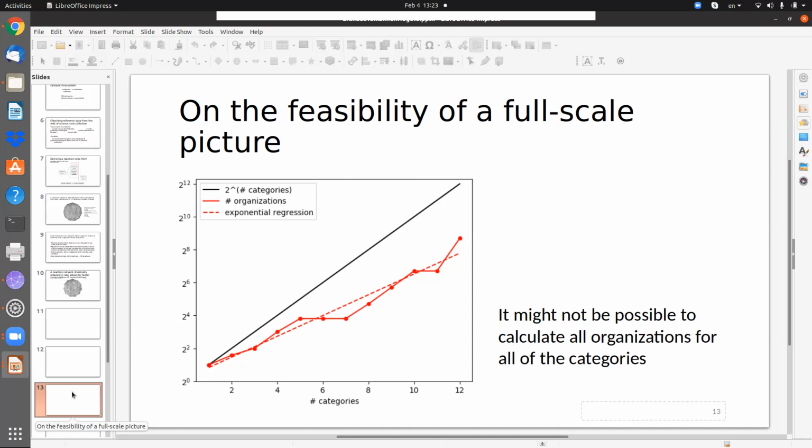So I did another run where I added more and more categories, and I observed an exponential rise in the number of organizations.